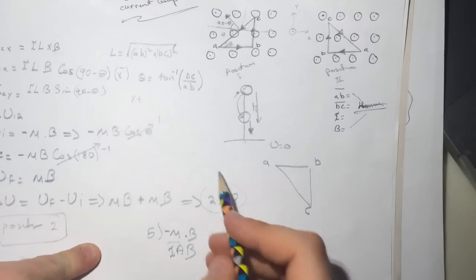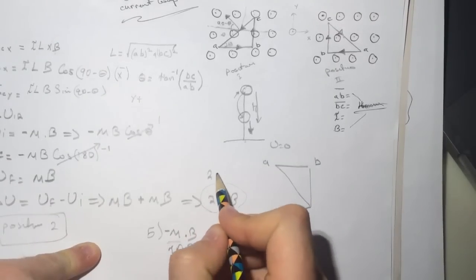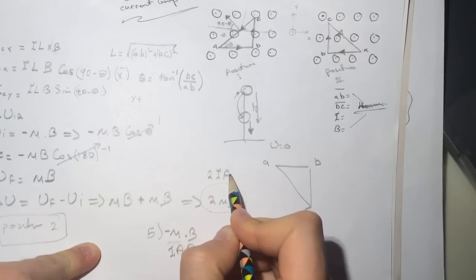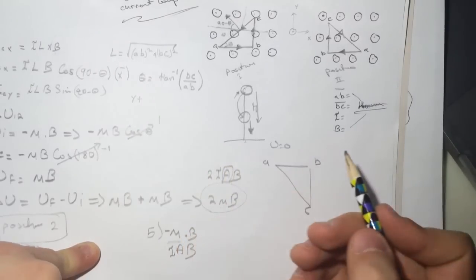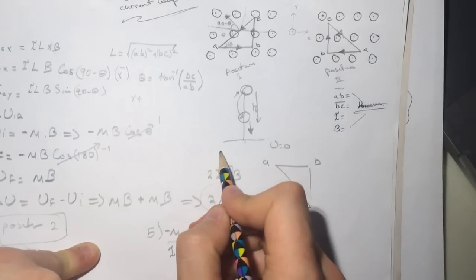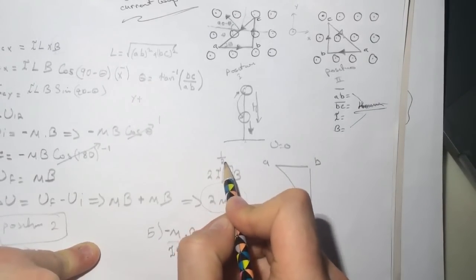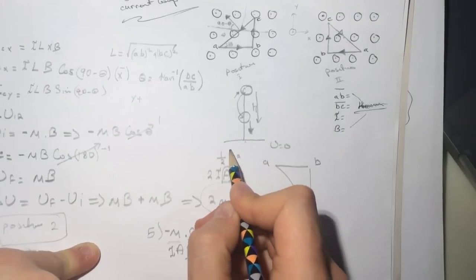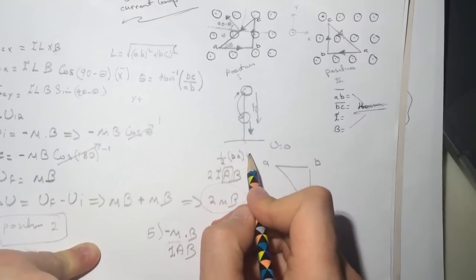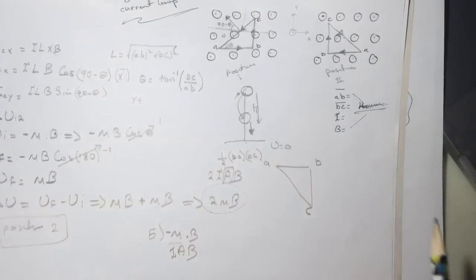And by the way, the dipole moment is IA, and the A here is the area of the triangle, which is half AB times BC.